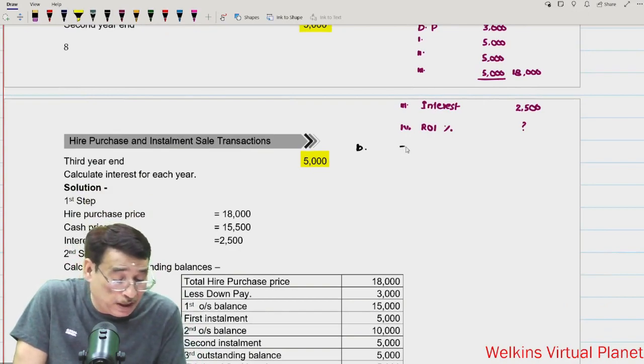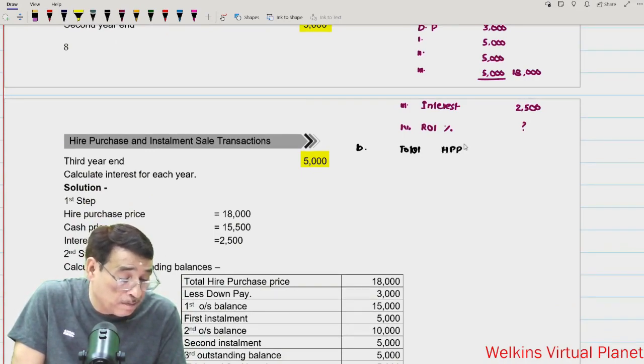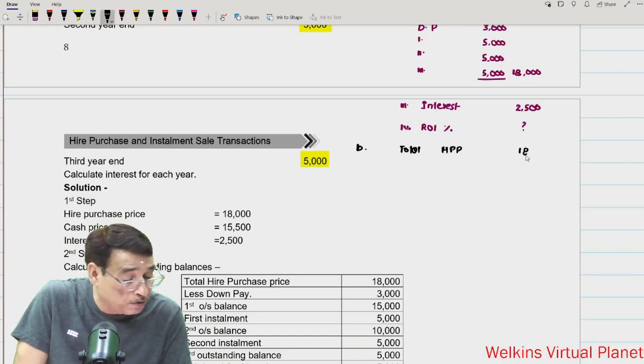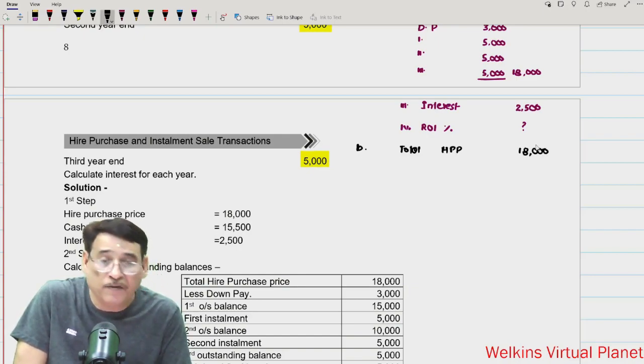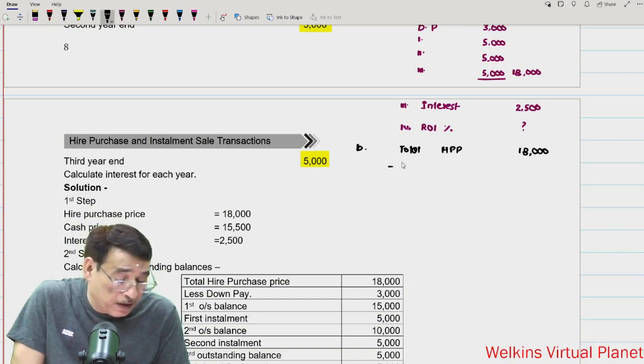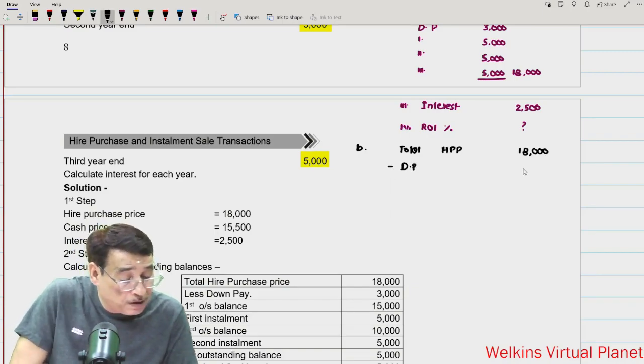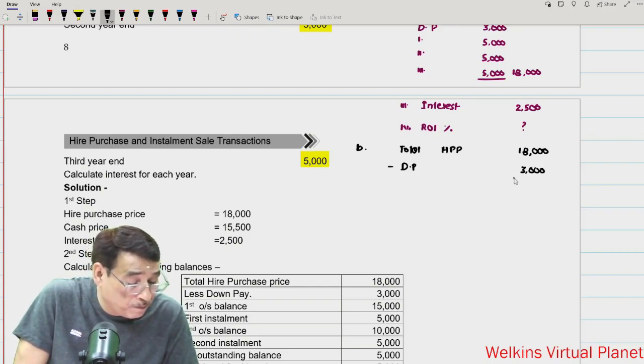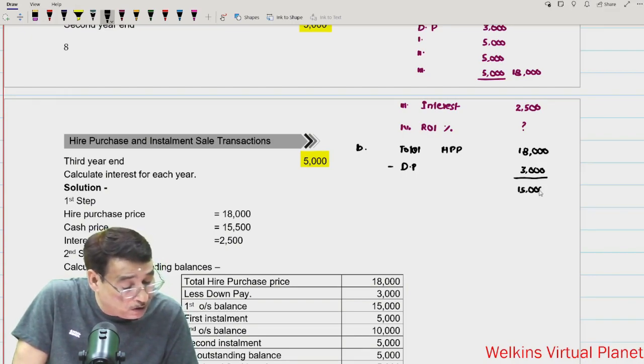First, you will have to write the total hire purchase price, that is equal to 18,000. First you write it. Then you subtract your down payment from it. After subtracting the down payment, what is the balance? That is 15,000. Correct?